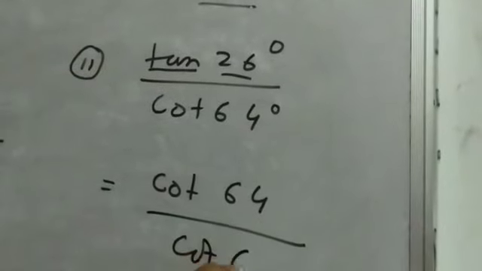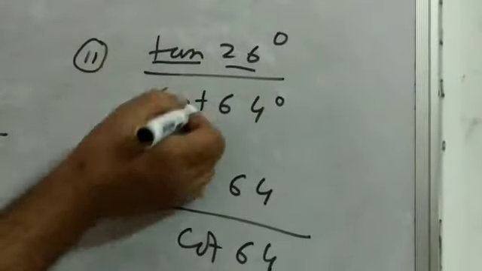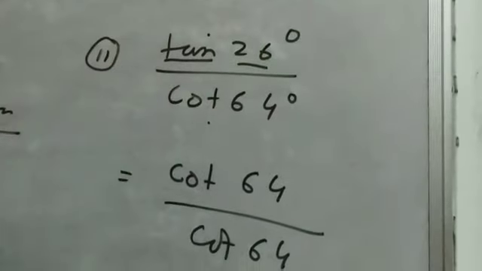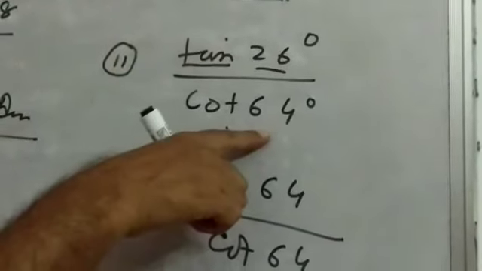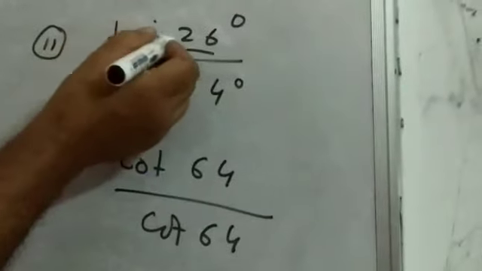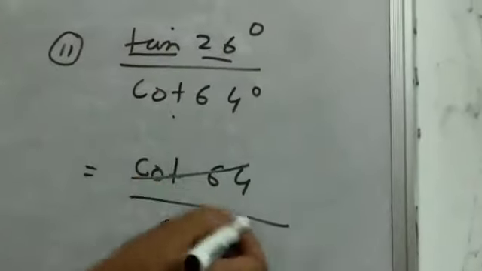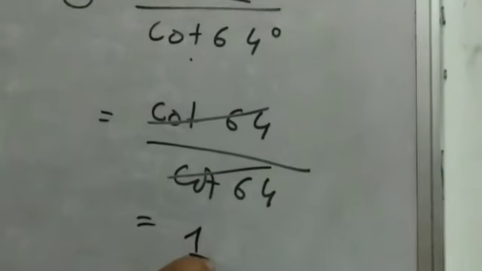Here cot 64 we will not change. Out of the 2, anyone can be changed, this one or that one, but change one and don't change the other. This is the method. So we change this one: the complement of tan is cot and the complement of 26 is 64. Now this cancels. The answer is 1.